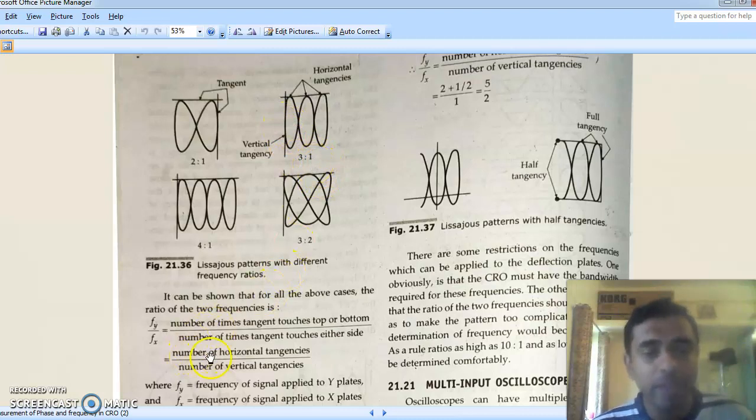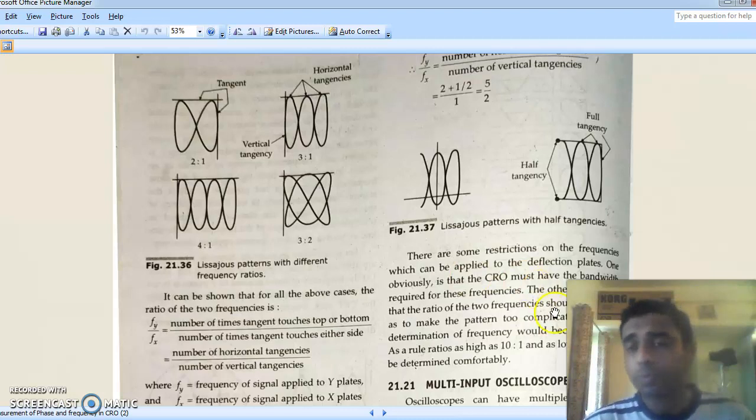So Fy by Fx is equal to 3/1. Likewise, Fy by Fx is equal to 4/1. Likewise, 3 intersections, so 3 is the numerator, and 2 vertical tangencies, 2 intersections. So Fy by Fx equals 3/2. Okay, so this is how you get a relationship between Fx and Fy.